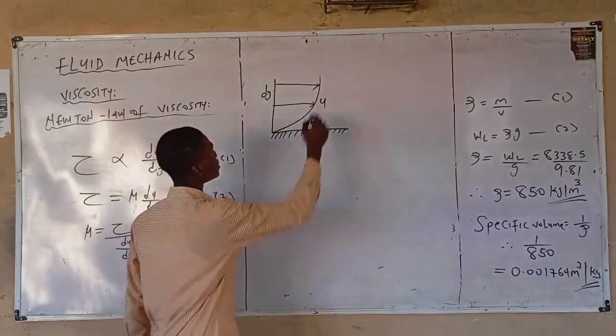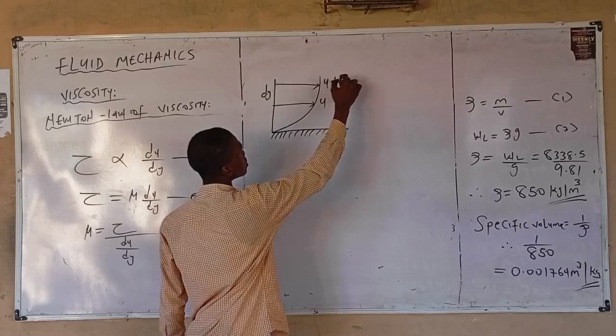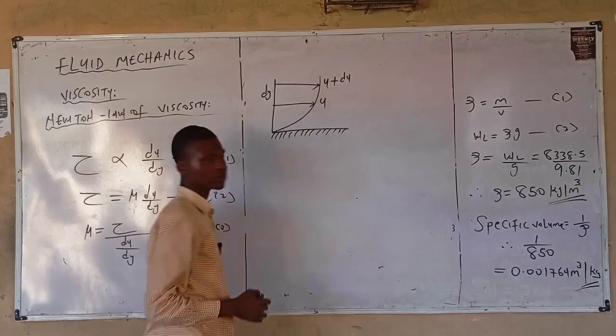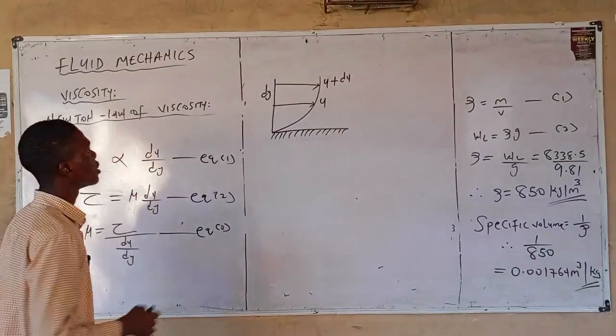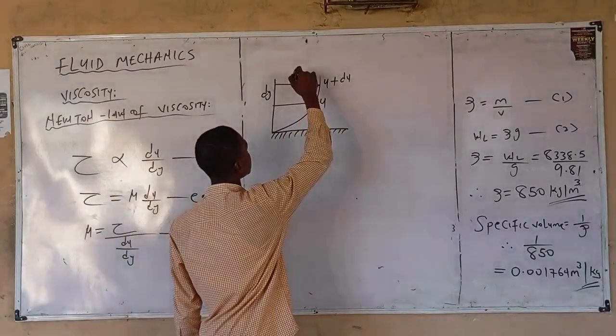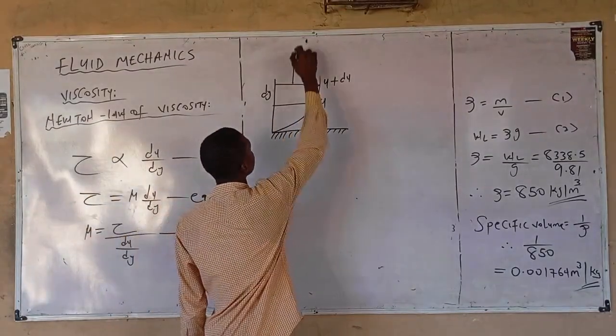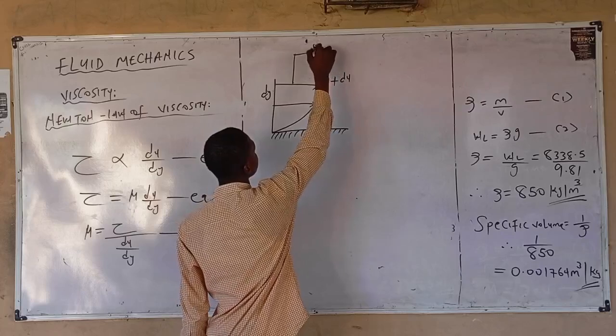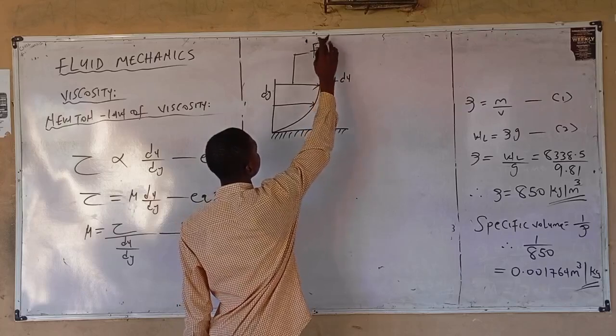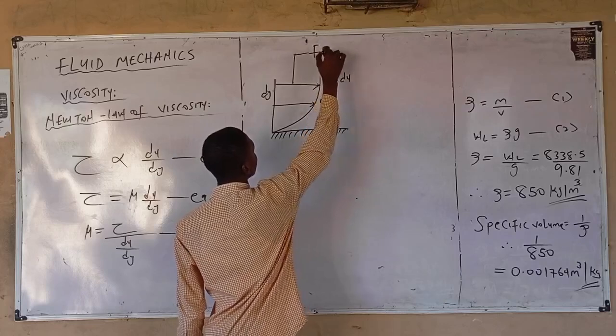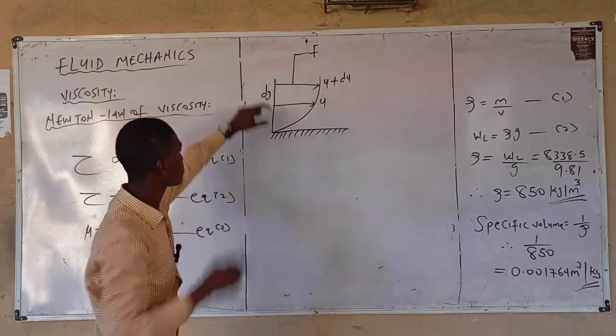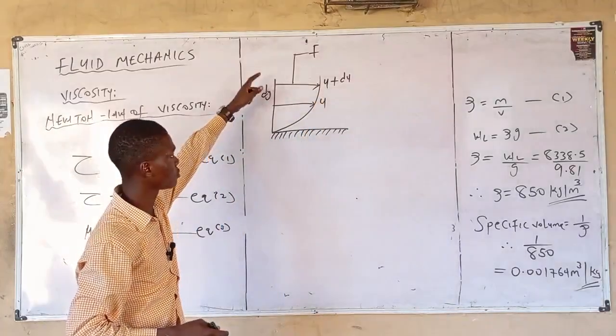Then at the final stage, this is u plus du, right? Then you have a force acting on it. This is the force. Of course this plate has its area, right?